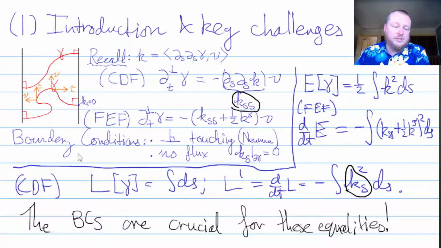So if you have a different boundary condition, instead of the no flux, let's just say that for some reason you wanted to say Ks equals 1 on the boundary, then the curved diffusion flow would no longer reduce length. You would destroy that property. So this is another motivation for it. It's a fact. All right, so let's keep going.